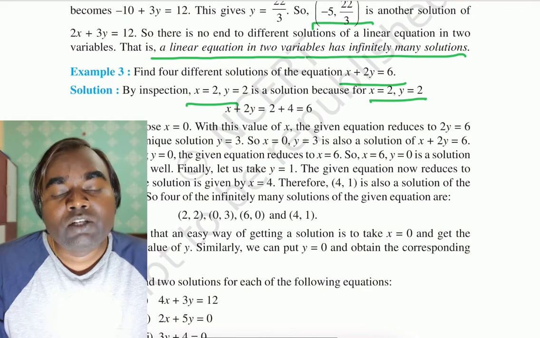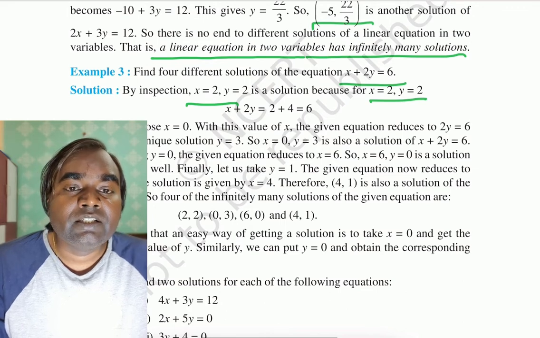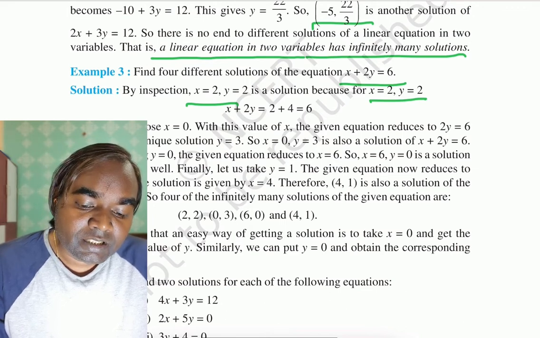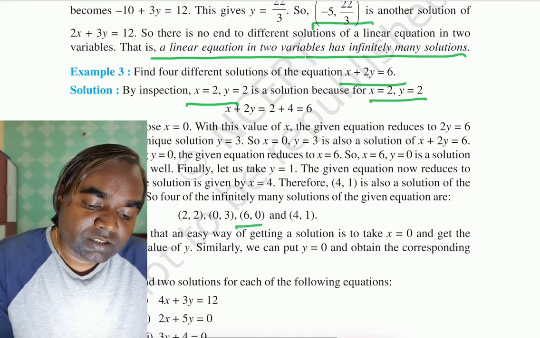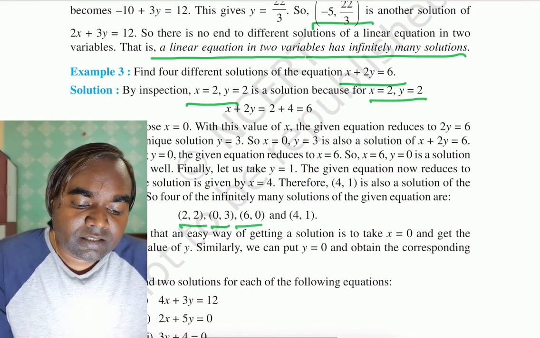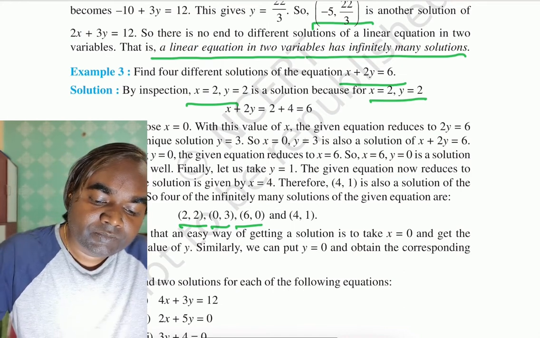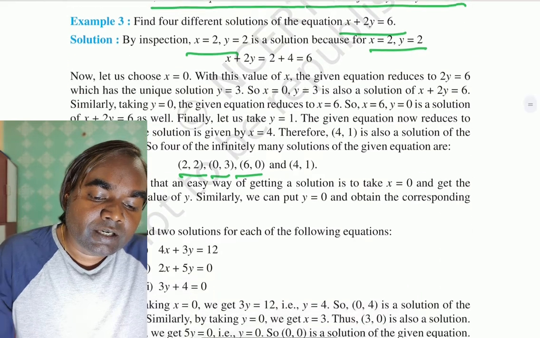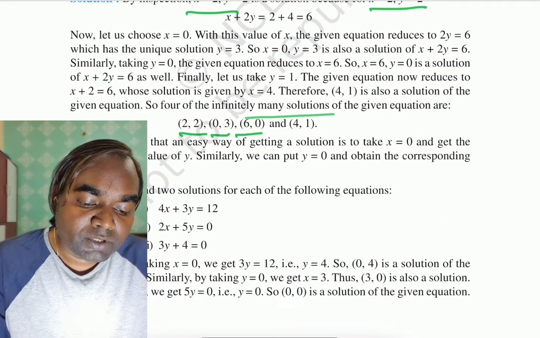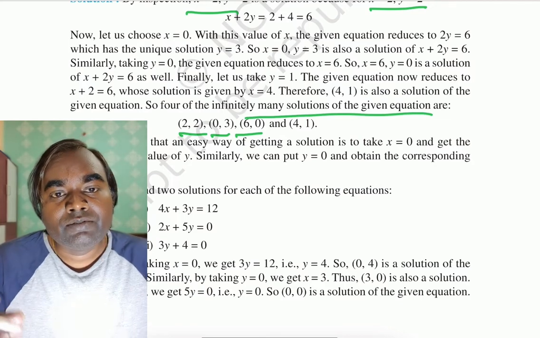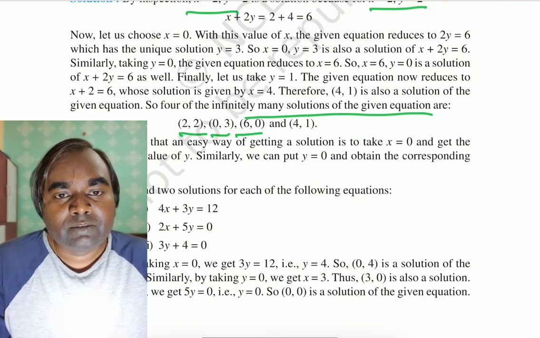Now put y is equal to 0, you will get x is equal to 6. That means you have these solutions. That means there are 4 solutions at least, and other solutions may also be possible. By giving a value of x, we will get the corresponding value of y.